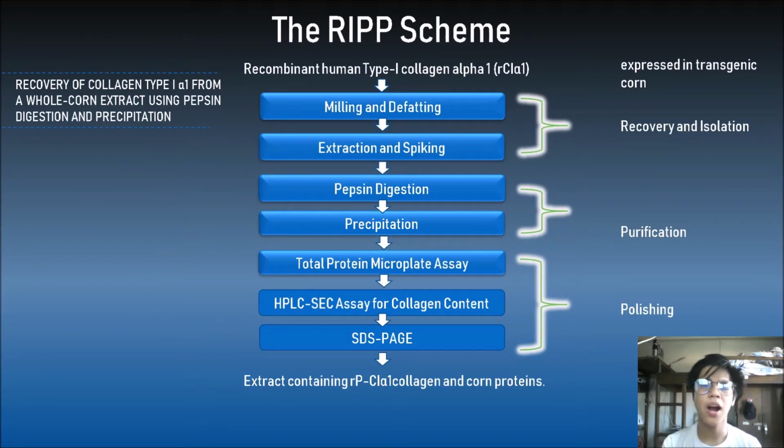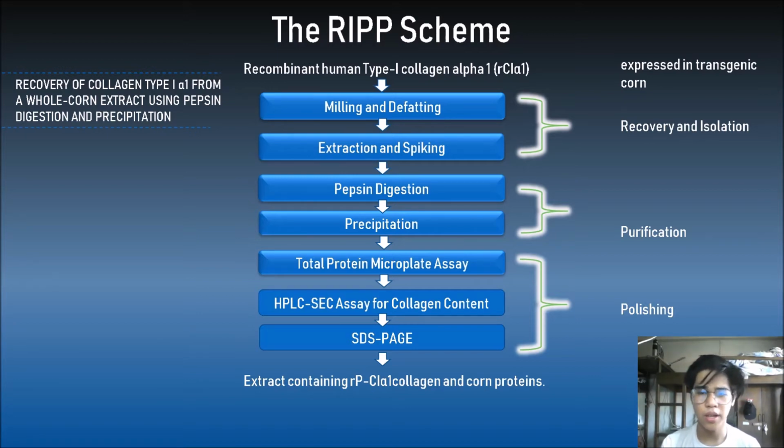So this is the scheme of the methodology for the recovery of collagen type 1 alpha 1 from a whole corn extract using pepsin digestion and precipitation. The recombinant human type 1 collagen was expressed in transgenic corn. For recovery and isolation, they do milling and defatting, extraction, and spiking.